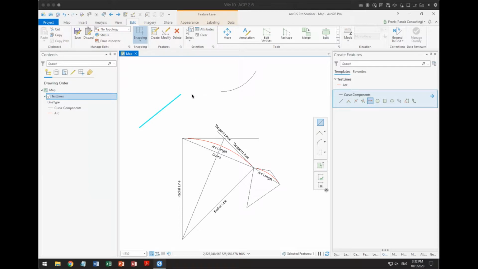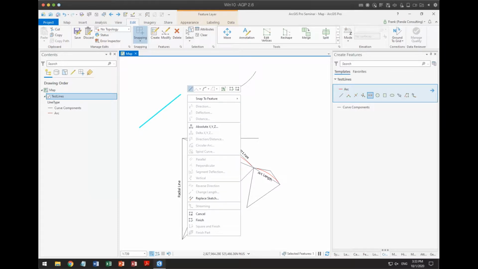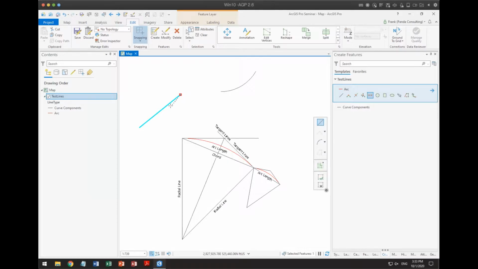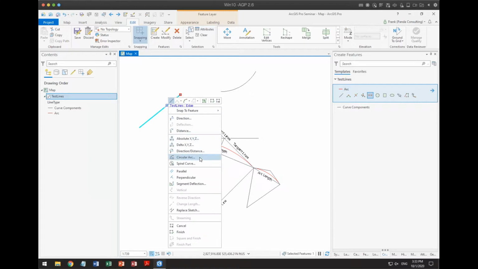All right. Once you've got that in place, then we can go ahead and build a curve here. Start here, and I can say circular curve.